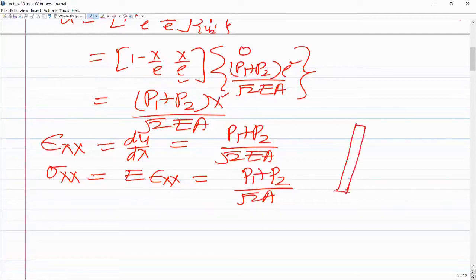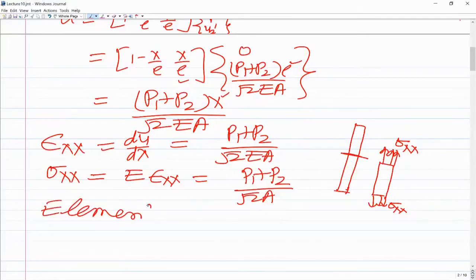If you take any cut section over here, the stress is sigma xx, and on this side also if you cut it, obviously that side also is sigma xx. So this is (P1 plus P2) upon root 2 A. You'll have to make sure that this stress is less than the design stress, the allowable stress in the material of the truss member. Now, going to element 2.